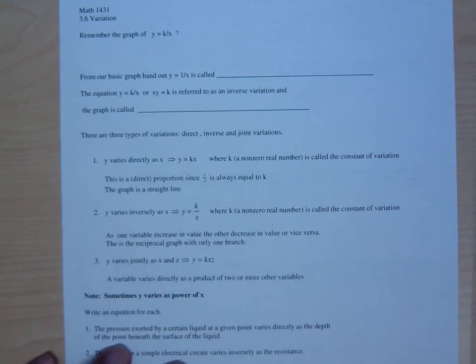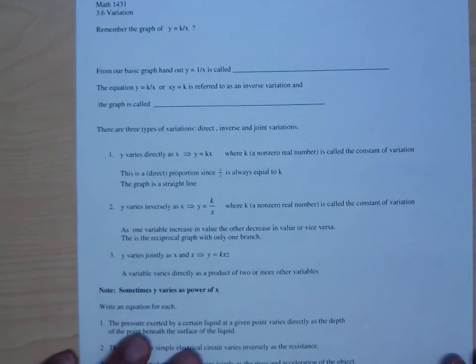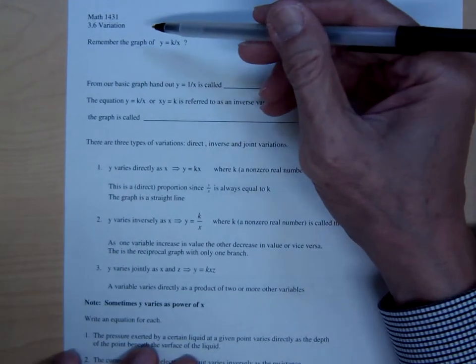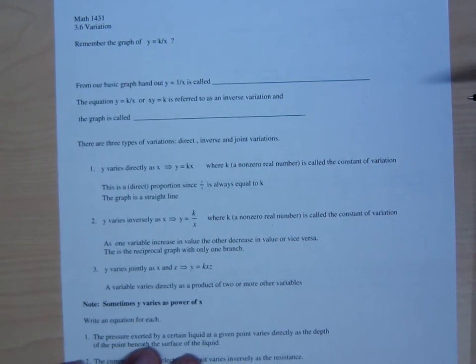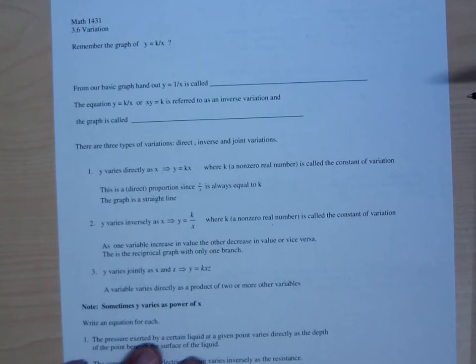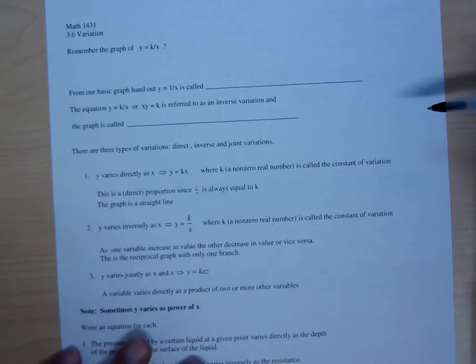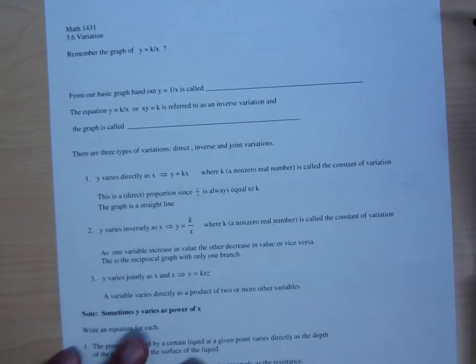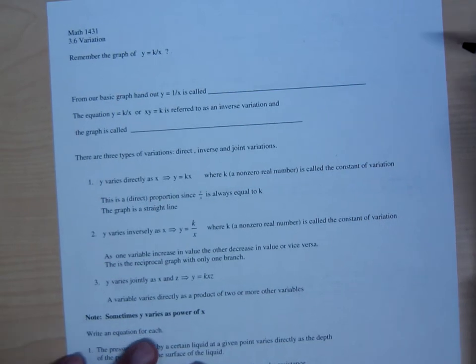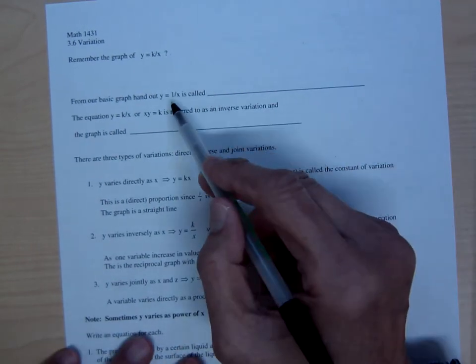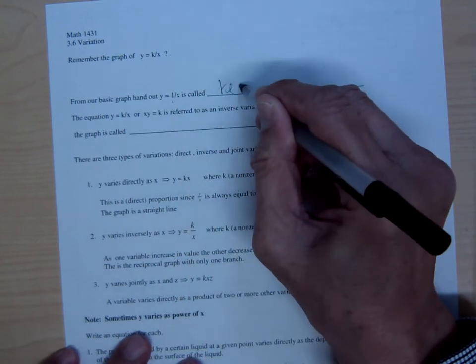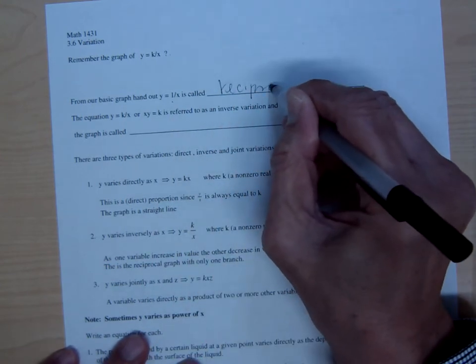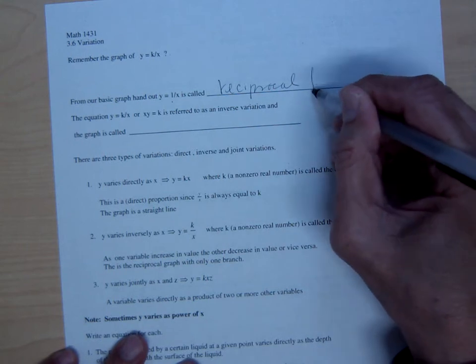Okay, remember the graph y equal k over x. Do you remember? Well, this is nothing but a stretch of this graph. What is this graph called? Reciprocal function. Remember that?